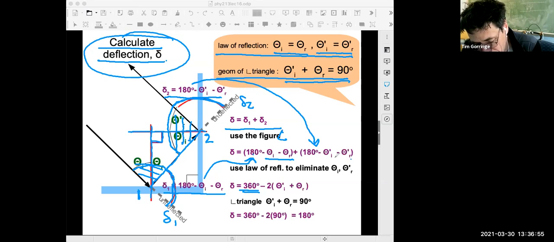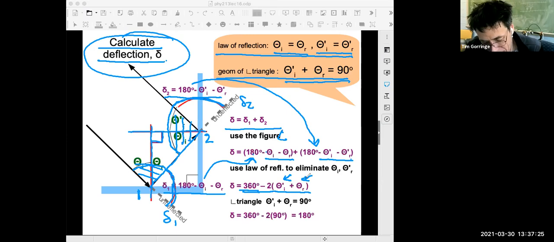And I also, over here, eliminated theta R prime. It's the same as theta I prime. So this is equivalent to minus 2 theta I primes. And so that allowed me to rewrite that subtraction of these angles in terms of just two of the angles. And I wrote it in terms of theta I prime and theta R.